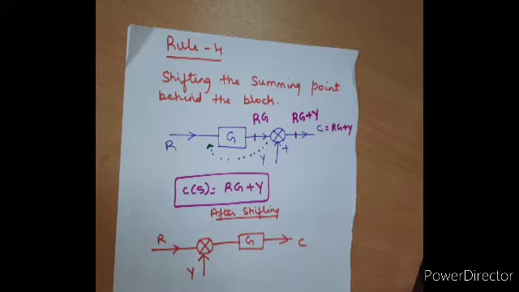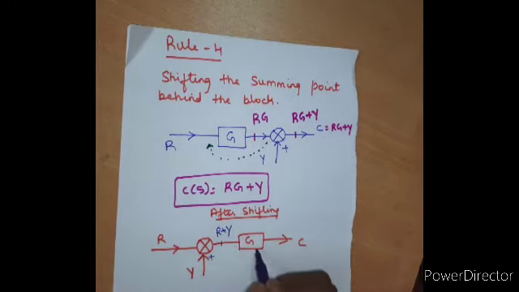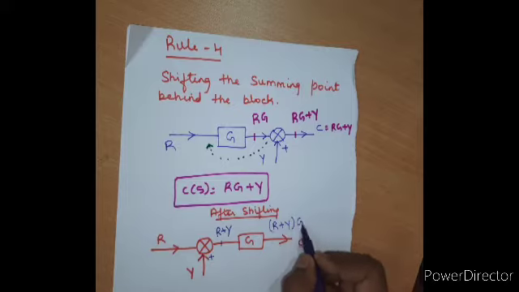Now let's see the expression. Here R is coming, and it is plus Y, so at this point the output is R plus Y. Now this is in series with G, and series means it will get multiplied.